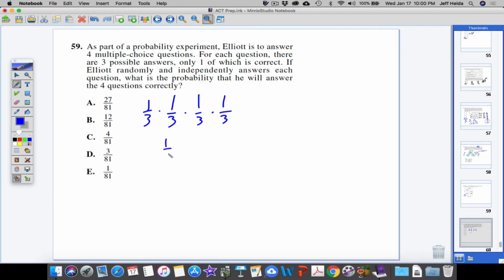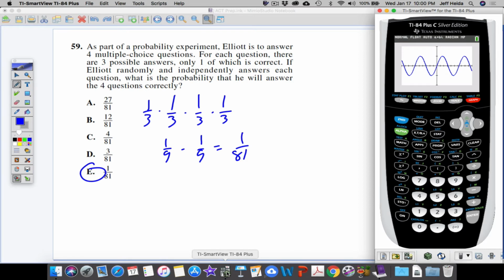1/3 times 1/3 is 1/9. 1/3 times 1/3 is 1/9. 1/9 times 1/9 is 1/81, which is E. Another way that you could do that, putting into your calculator, in parentheses, put 1 divided by 3, and then raise that to the 4th power, because it's 1/3 to the 4th power.